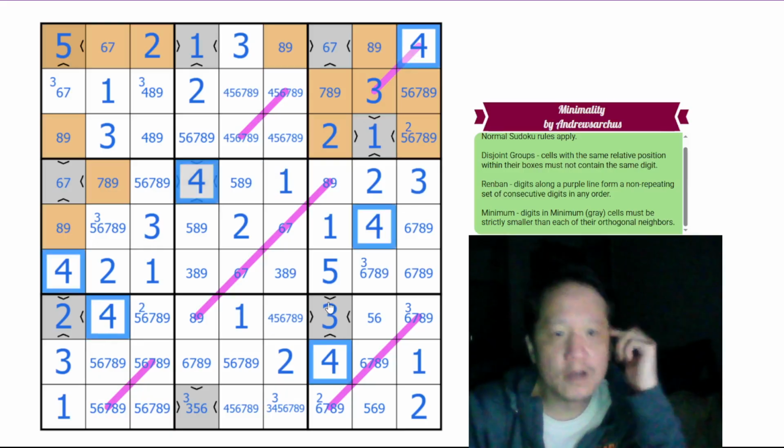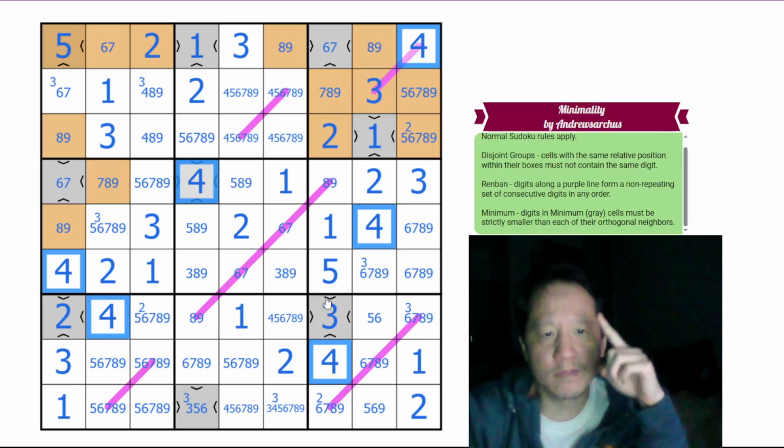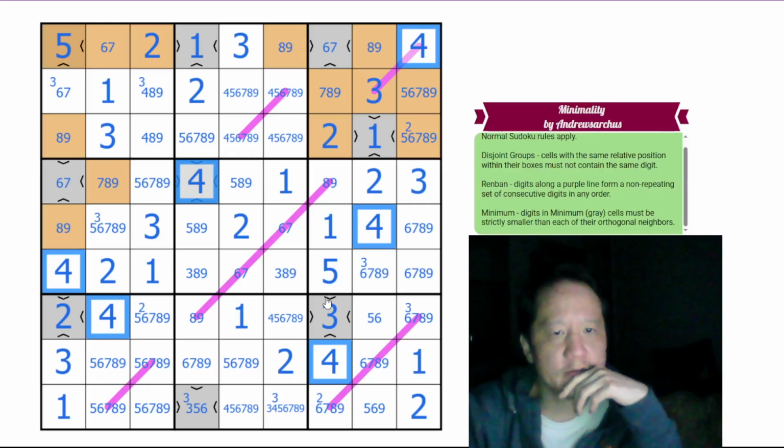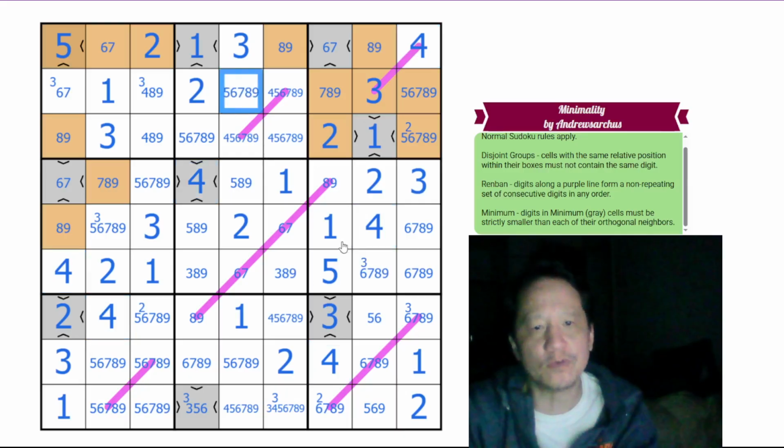We have upper left, upper central, upper right. We have mid left, mid mid. We do not. Okay, so this can't be 4. And mid right here. We have lower left.